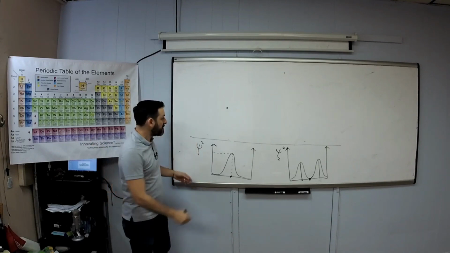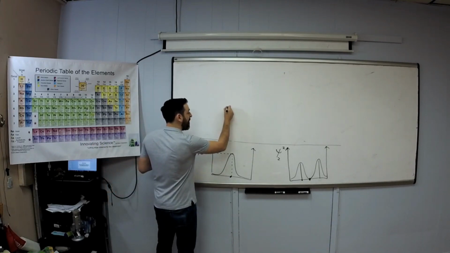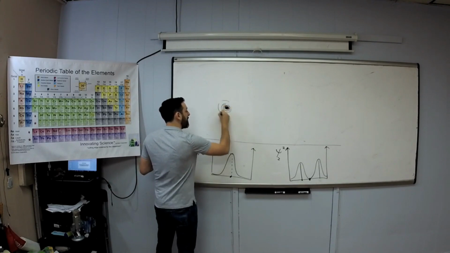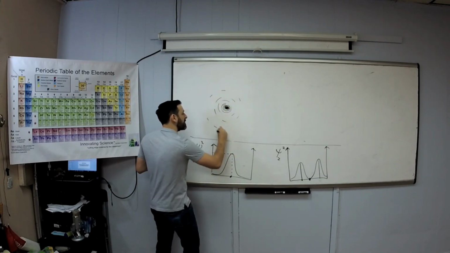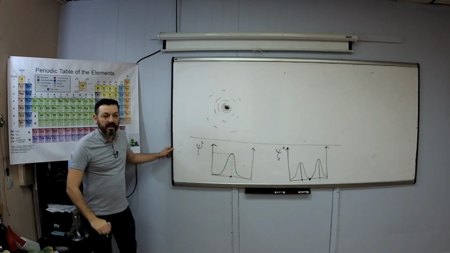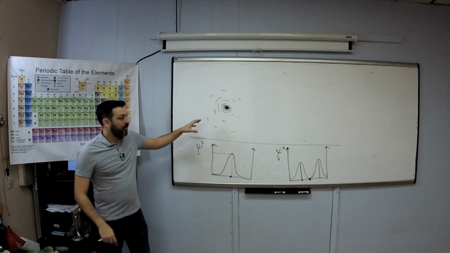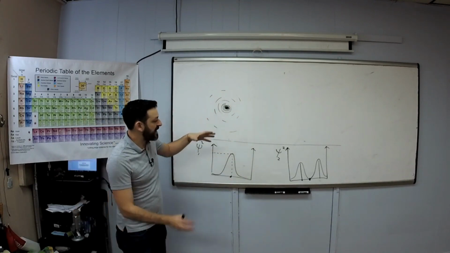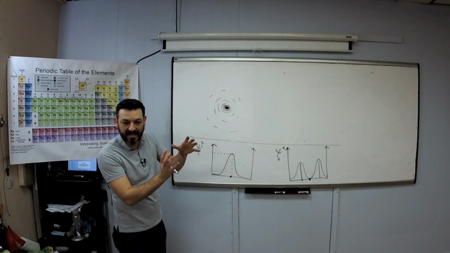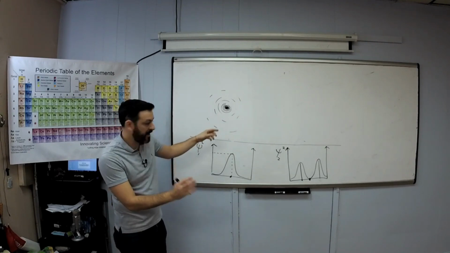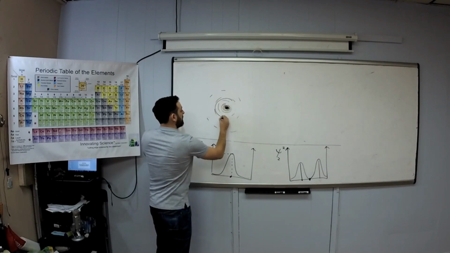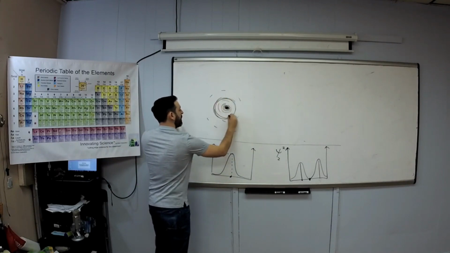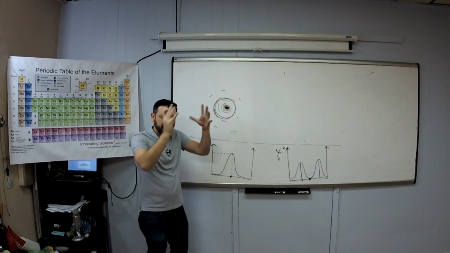So the greatest chance to find electrons is right here on the nucleus, and as we go away, we get thinner and thinner. And if we circle 90 to 95% of the density to find an electron here, you're going to notice that this thing is a sphere. Yeah, there's some chance outside of that, but really it's a spherical shape.